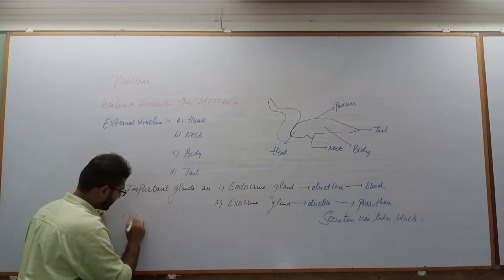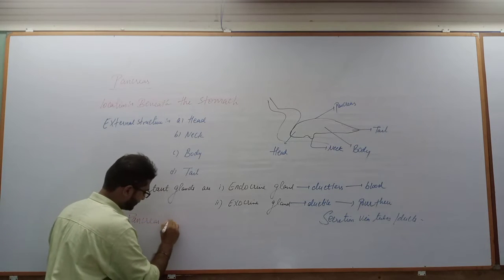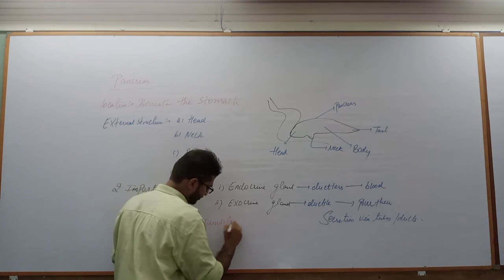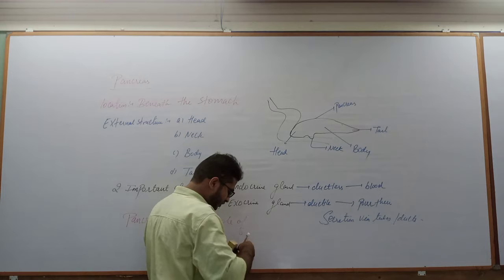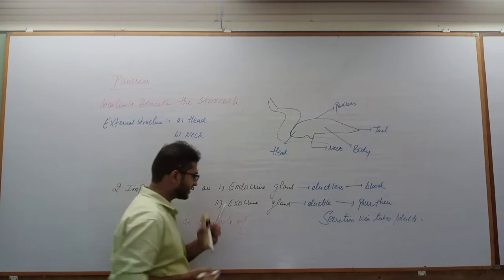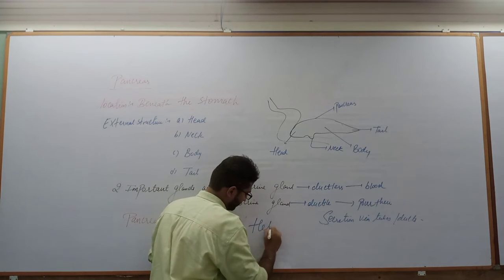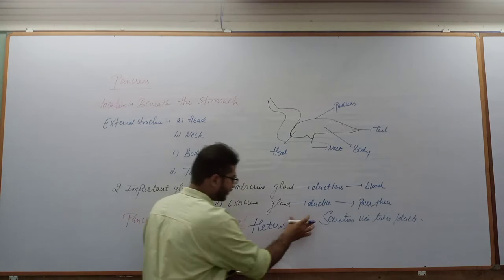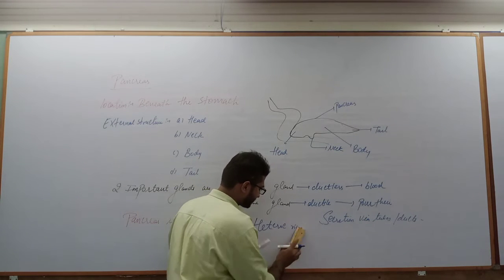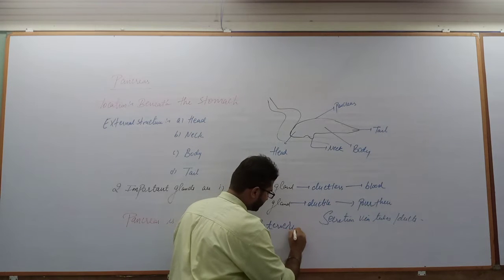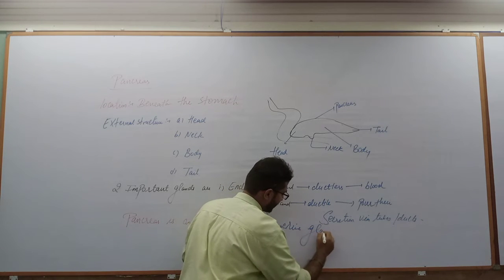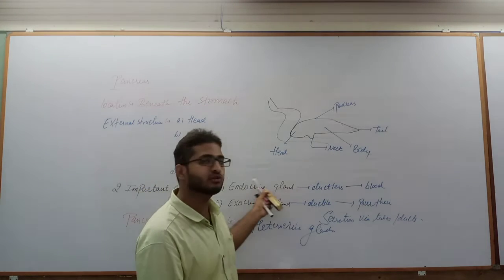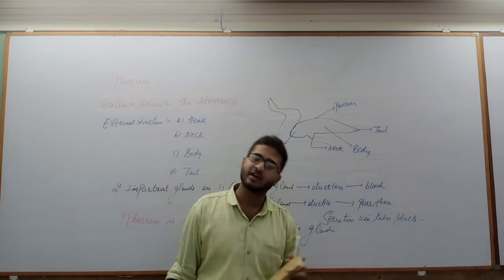The pancreas is an example of heterocrine glands. Clear? So what are heterocrine glands? The glands which act as both endocrine as well as exocrine glands.